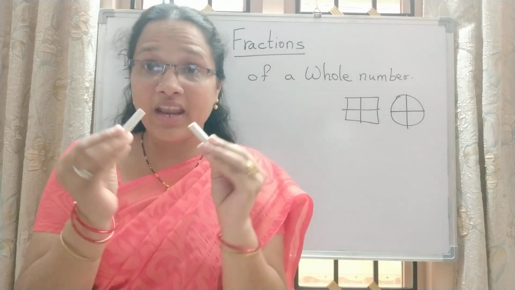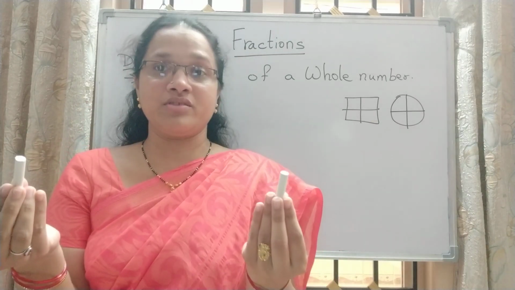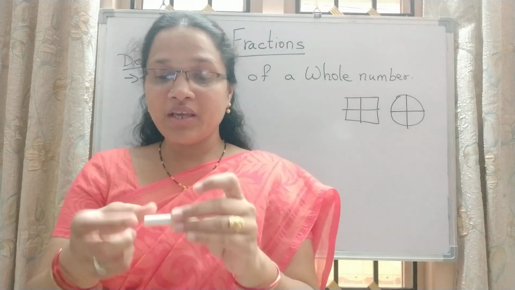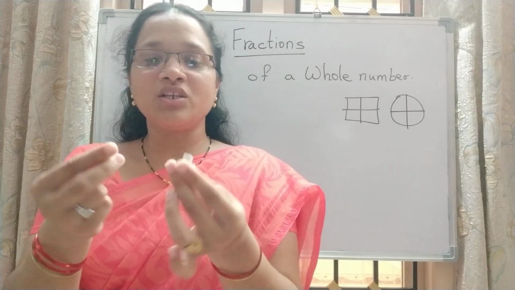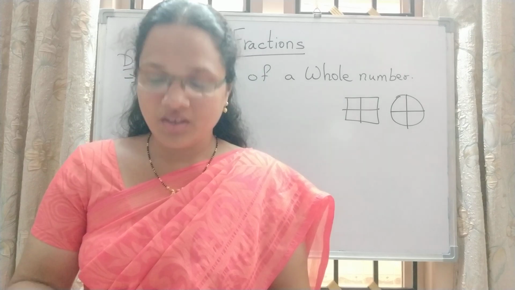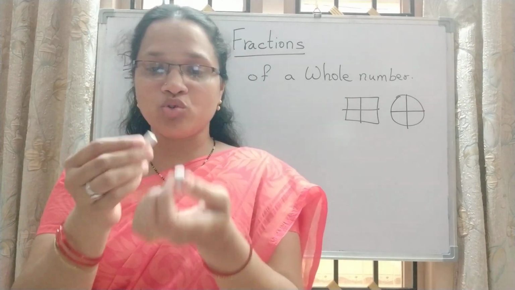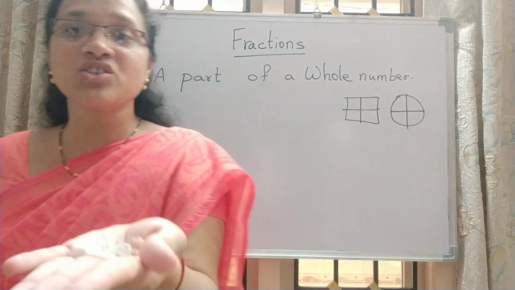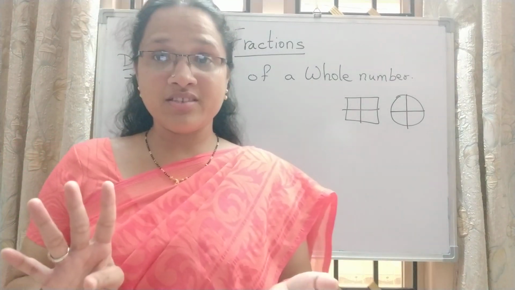And I can make this part also into 2 more equal halves, and the remaining half into 2 more. So totally how many am I having, children? Totally I have 4.